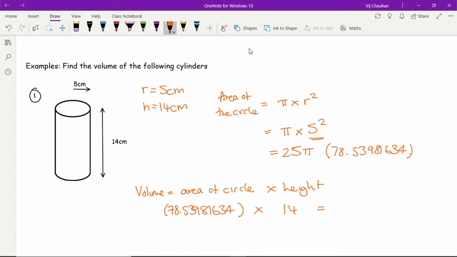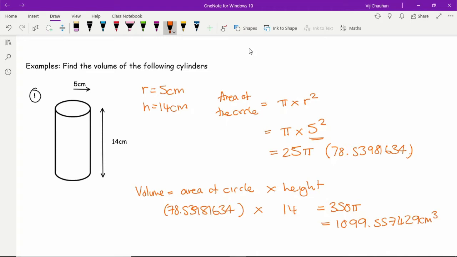So if I times that by 14, I get 350 pi, which is also equal as a decimal to 1099.557429. And the units for that are going to be centimetres cubed.